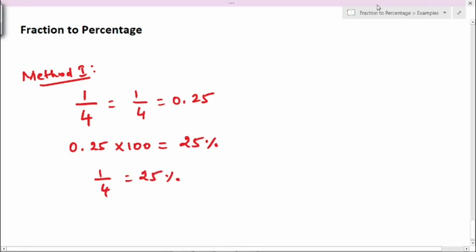The other way, that is method 2, is: we have 1 by 4, where 1 is the numerator value and 4 is the denominator value. First we have to convert this denominator value into 100. If you multiply 4 with 25, you will get 100, right?